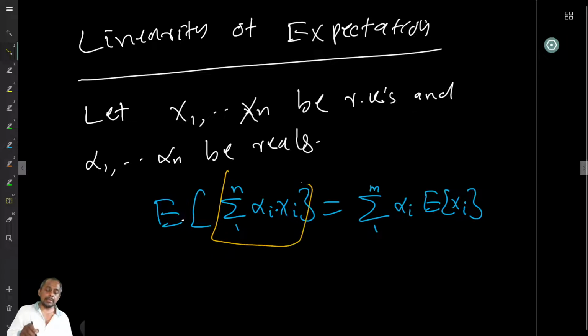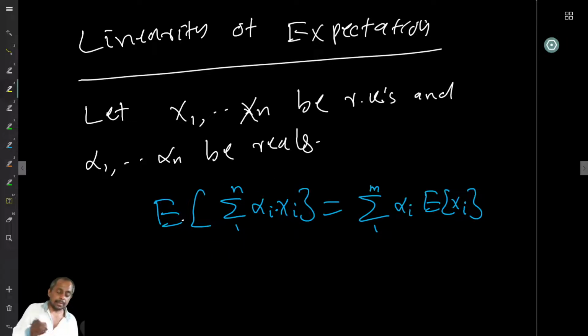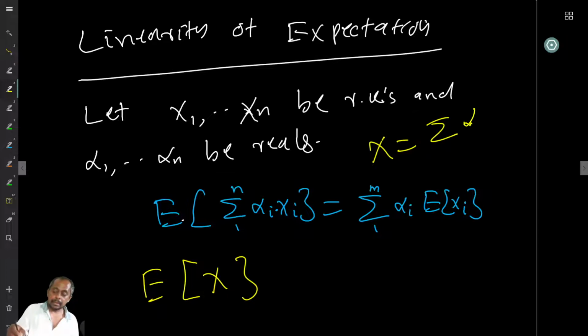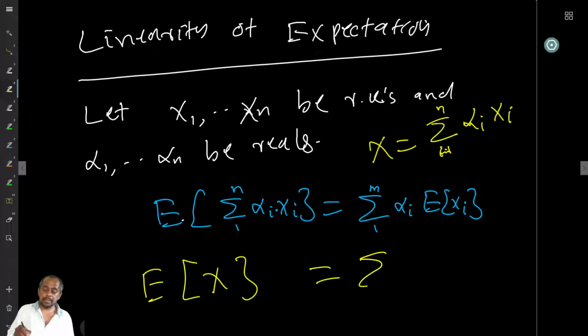For this random variable, I can write the expectation of x, where x is the random variable summation alpha i xi, with i equal to 1 to n. For this random variable x, the expectation is basically summation alpha i into expectation of xi.